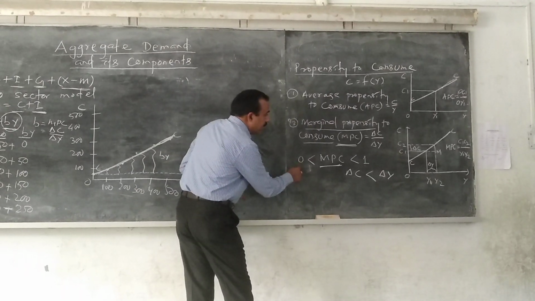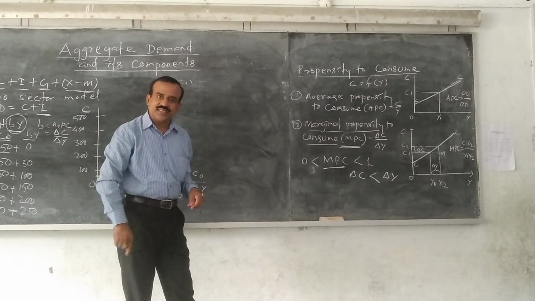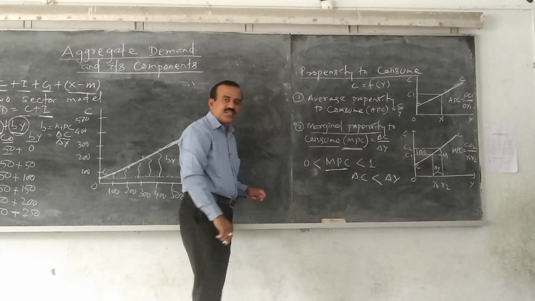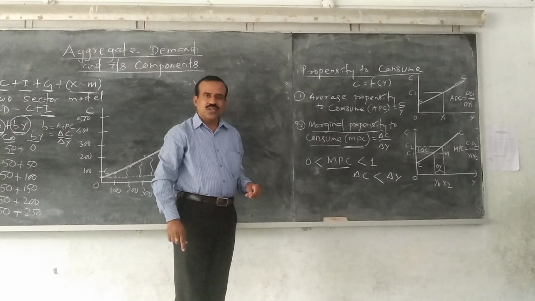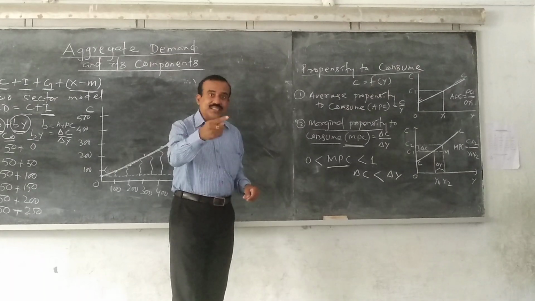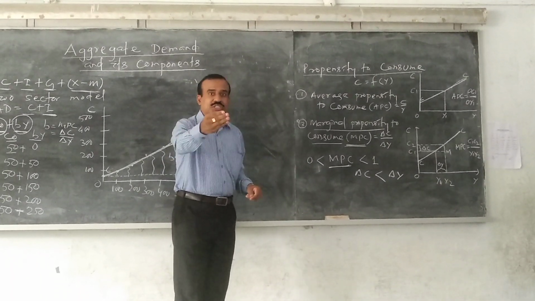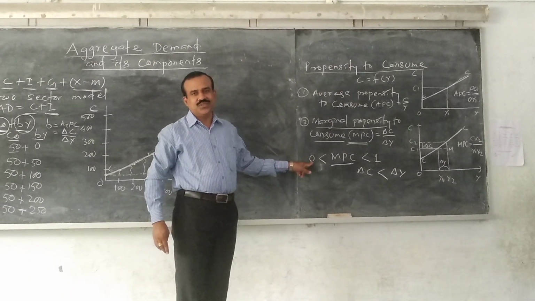MPC is greater than 0. Why is MPC greater than 0? Because consumption changes. Consumption is not constant. Consumption increases with the increase in income. If consumption does not change with the increase in income, then MPC will be 0.